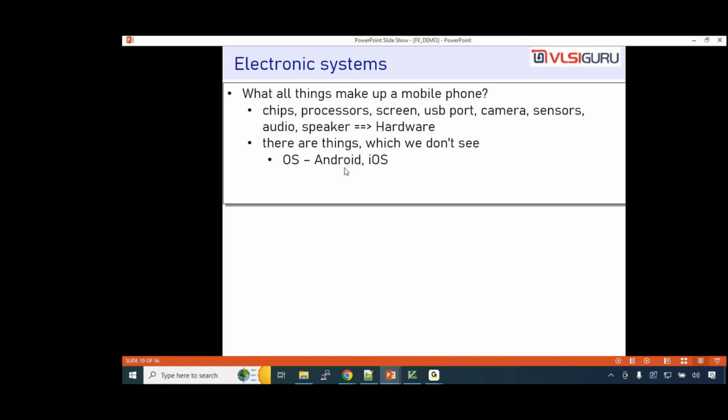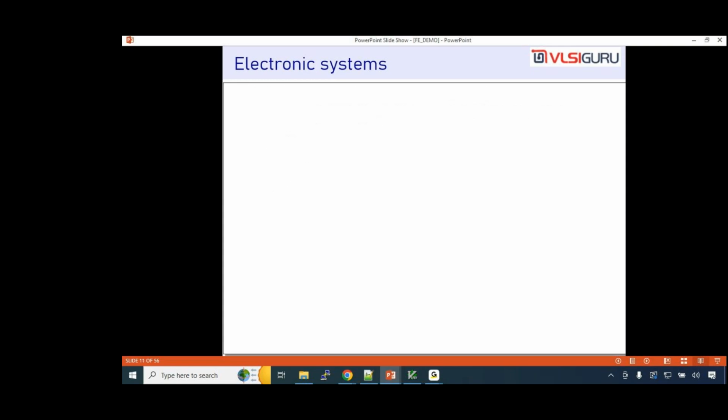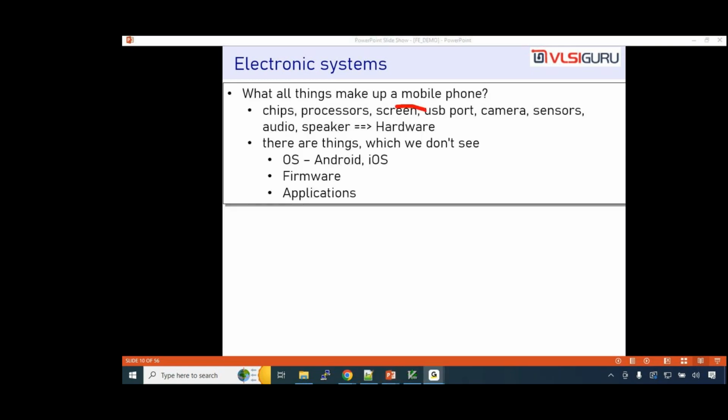Without an operating system, can I use the mobile phone? No, right? What could be an example of an operating system? Android or iOS. Other than that, we have firmware and applications. So hardware, the operating system, the firmware and applications is what makes the electronic system.